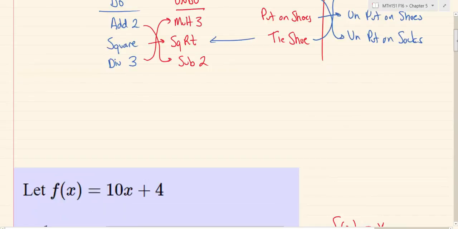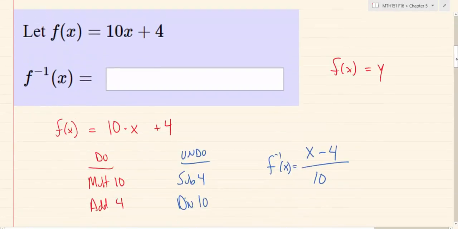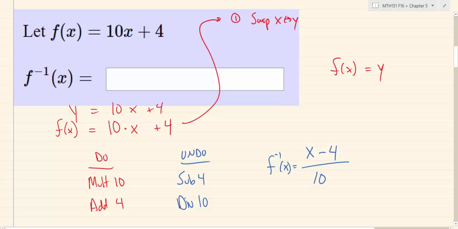And now, let's look at the function. If we took this function and the first thing we did was swap x for y, what would you get? Remember, this function is y equals 10x plus 4. So if you swap x and y, you get x equals 10y plus 4.